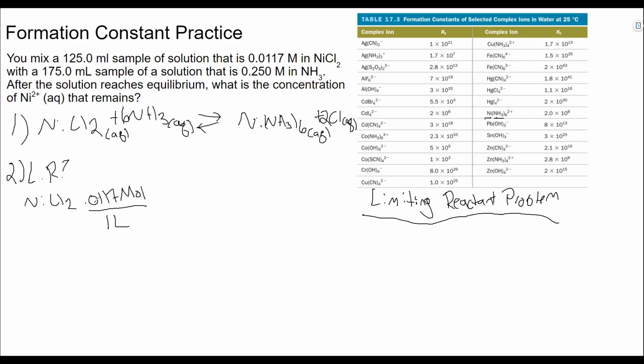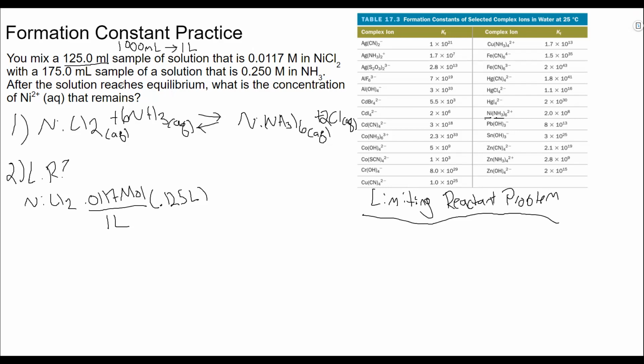So this is really 0.0117 moles for every 1 liter. And I have 0.125 liters of that. How am I getting that 0.125? Well, I have 125 milliliters. There are 1,000 milliliters in 1 liter.